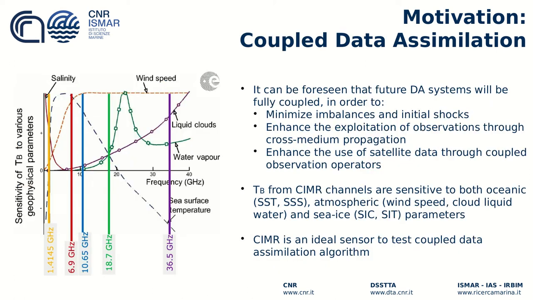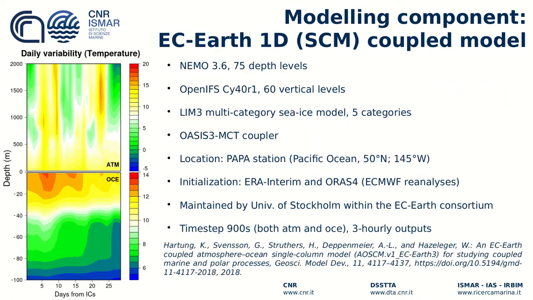Another important motivation is coupled data assimilation, which is expected to minimize imbalances and initial shocks and improve the use of satellite data through a coupled observation operator. And CIMR appears an ideal instrument to test these ideas.